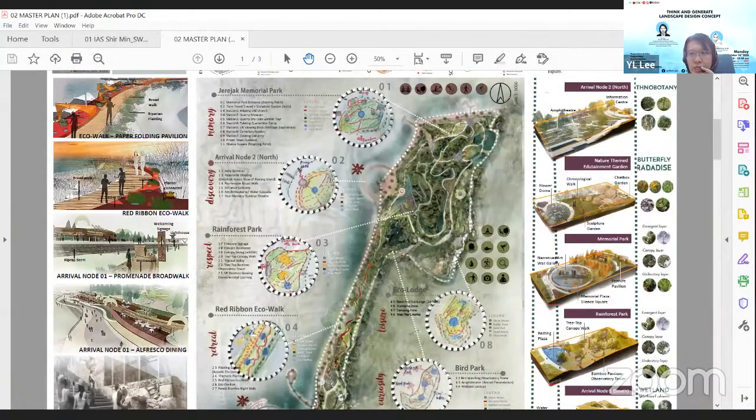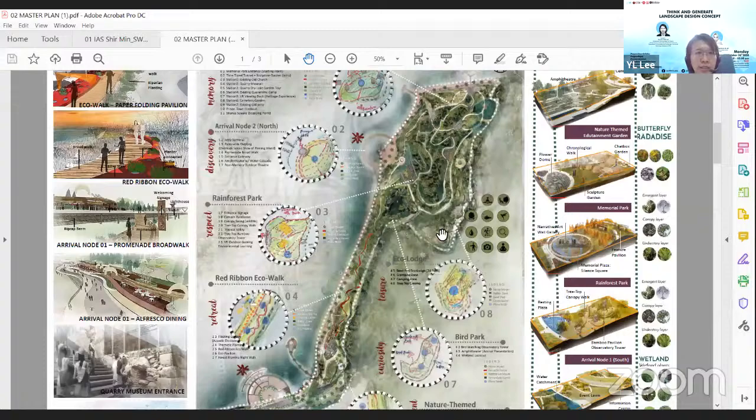Because this is an island, the conservation of the natural part is also very important. By preserving the history of the island itself, she also introduced how to protect the natural biodiversity of this island.